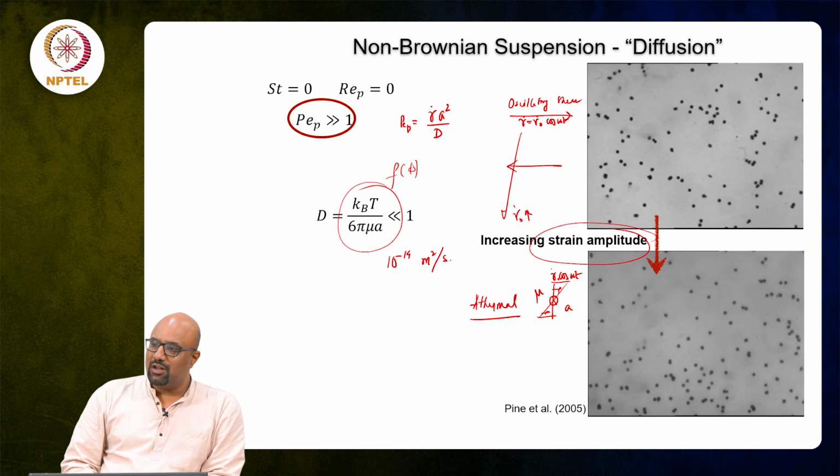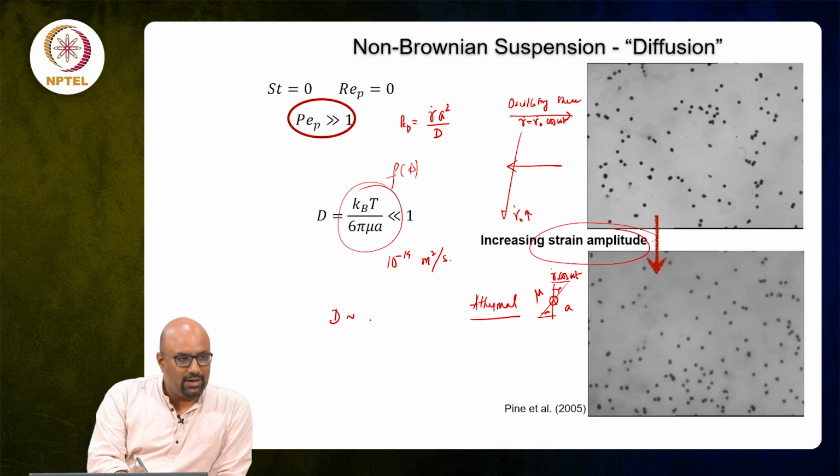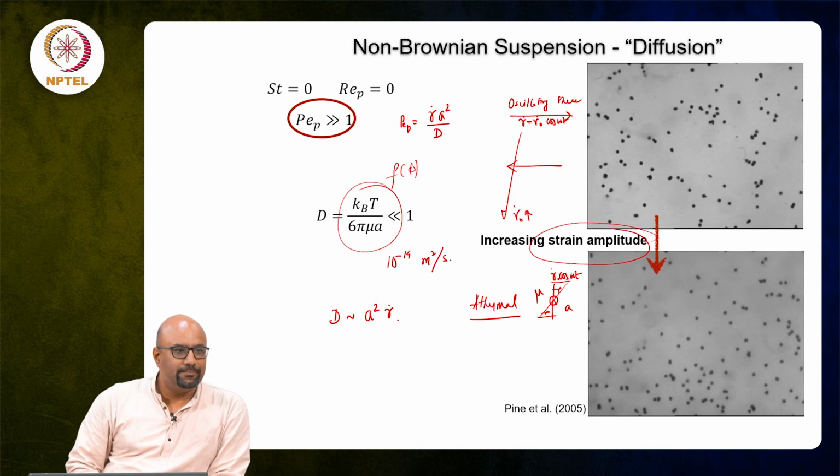Diffusivity has dimensions of meter square per second, so I need something which has meter square per second. One way I can construct meter square per second is to take the size of the particle squared, that gives me a meter square, and per second I can take the shear rate.